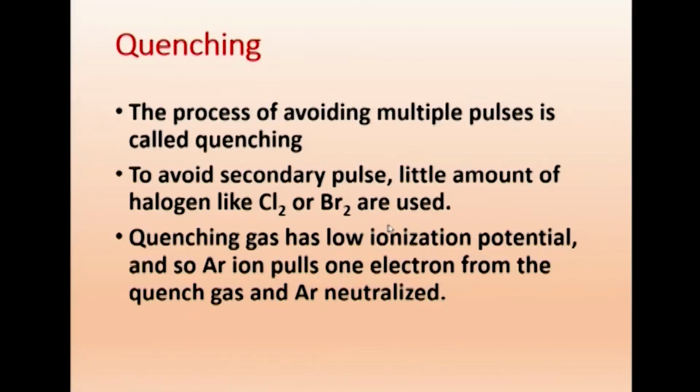So, what will happen? The quenching gas has low ionization potential, and so Ar ions pull one electron from the quench gas and are neutralized. The normal situation was that the electron goes to the anode almost immediately, and the Ar ion takes a long time to reach the cathode and cause a secondary pulse. This should not happen, so we should do something else.